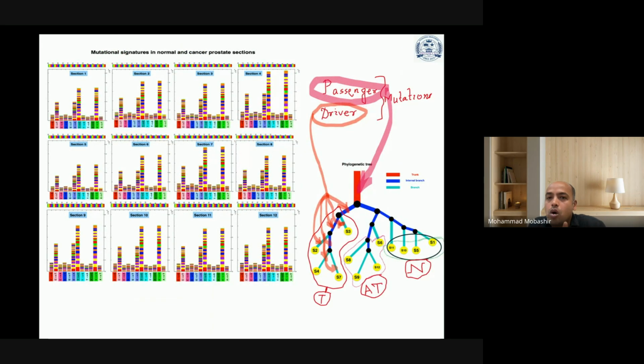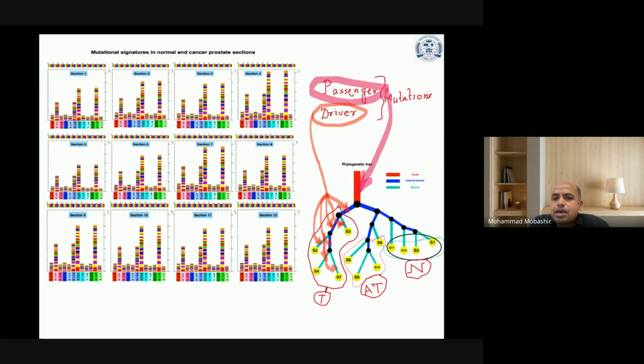Then you could also identify what are the passenger mutations and what are the driver mutations for cancers. If you want to identify the driver mutations, these will be the main driver mutations. That means these mutations are forcing the normal cells to turn into tumor cells. So this is how you could identify. And this is the trunk, or we call it passenger mutations.